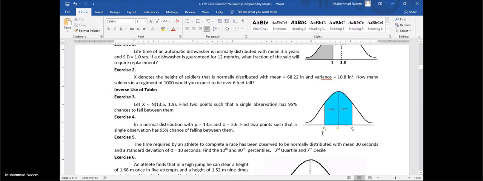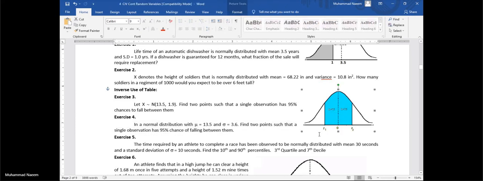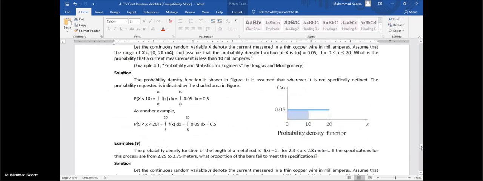As we calculated in the above example the area using these points, now with the reverse process, using this area come to the corresponding point. The area is 0.475. Look at the table.